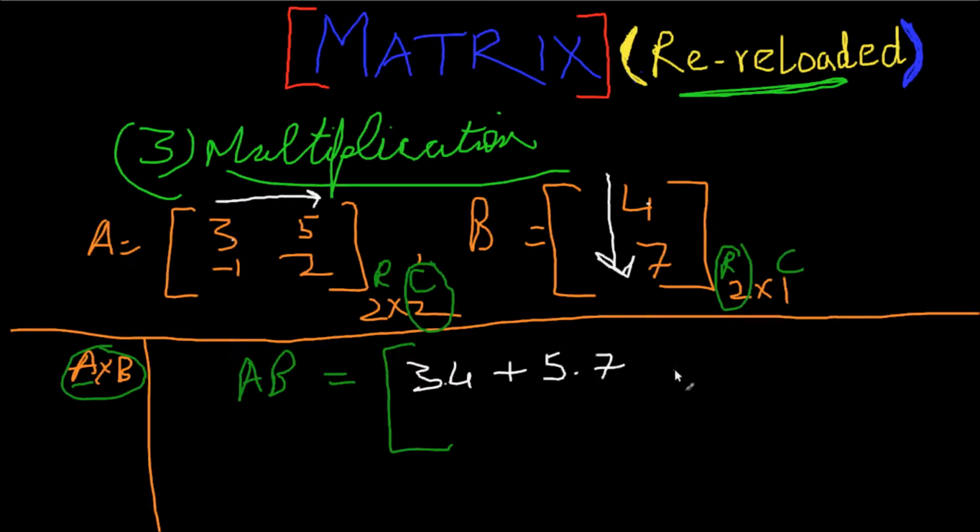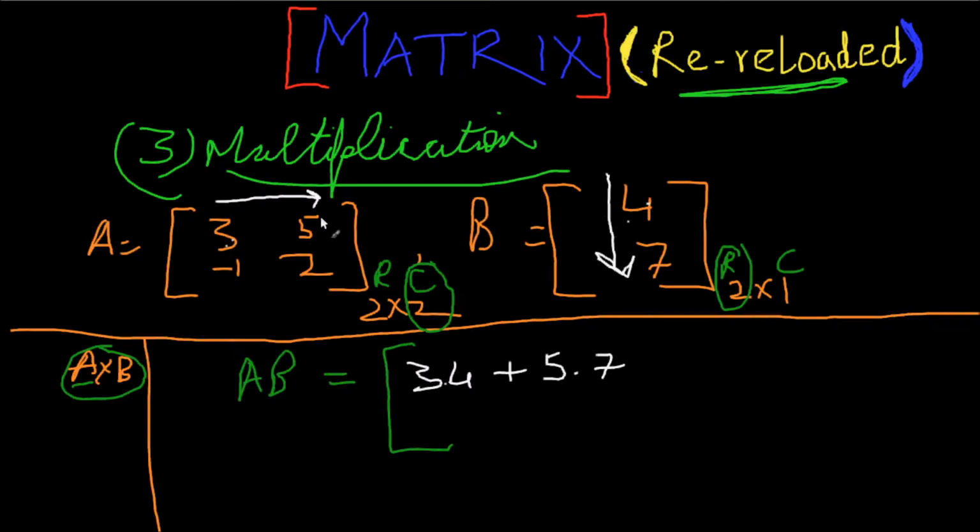All right. Now again, you'll stick to this one row and this column. Perform this row into this column, and it's 3 times 4 plus, it's always a plus, guys, 5 times 7, not 3 times 5 or 4 times 7, or 3 times 7 or 5 times 4.